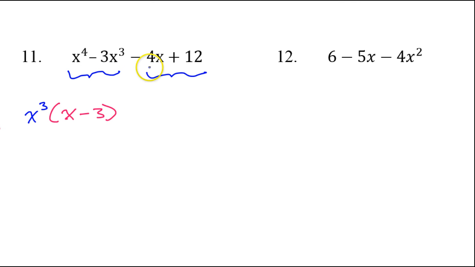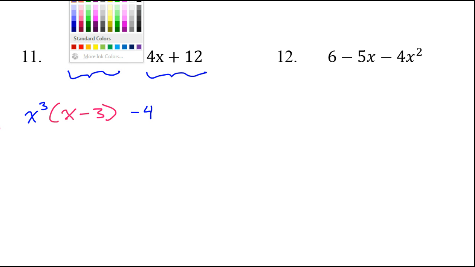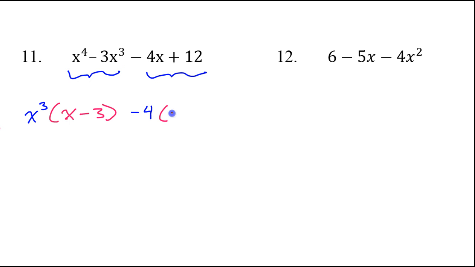And then here, looking at the 4 and the 12, the greatest common factor is 4. Because of the negative sign here, I'm going to factor out a negative 4. If I factor out a negative 4, that's going to leave behind x minus 3.